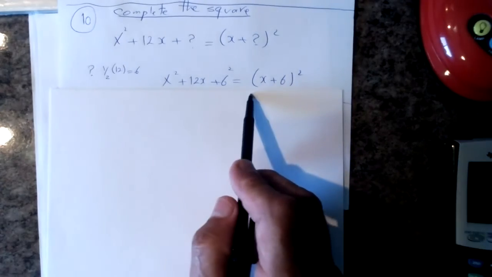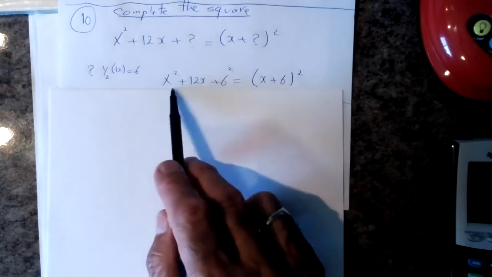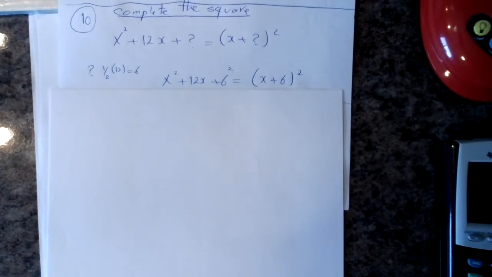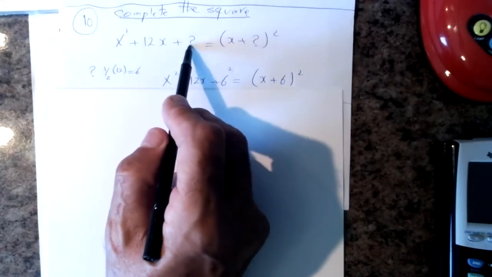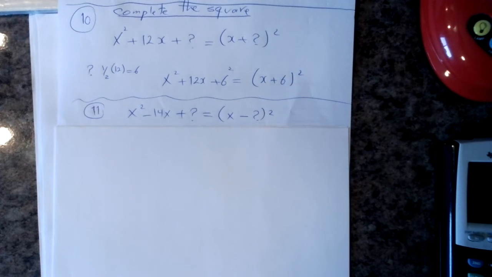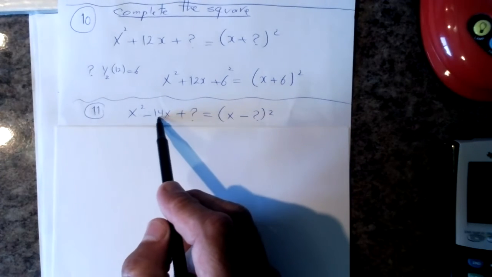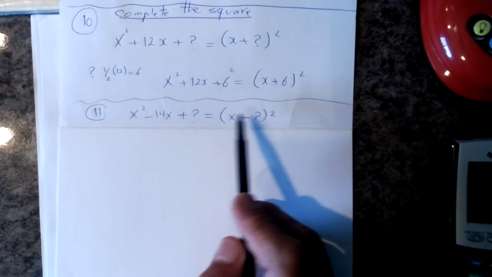So that means if you take x plus 6 and raise it to the power of 2, you're going to get this. So you see what number is sitting next to x, take half of that and put it here and there. What is half of 14? 7. You put a 7 here and 7 there.